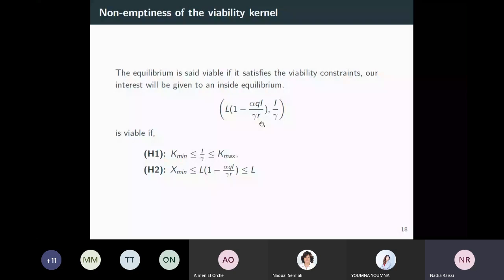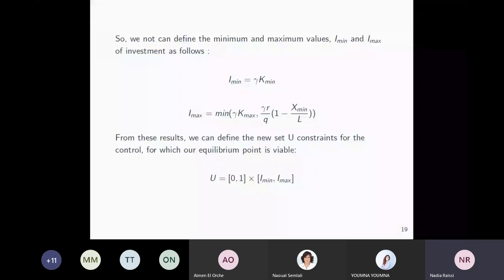So it gives us new values for the minimum and maximum bounds for the investment, which is the control we choose. So now we have a new set of constraints on the control for which there exists a stable equilibrium point, meaning there exists a viable equilibrium point and the existence of the viability kernel.